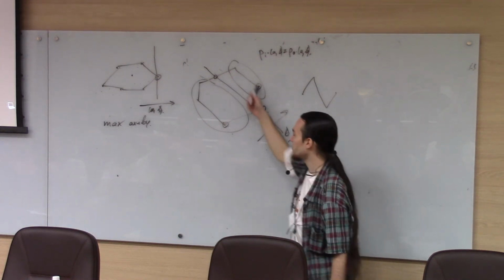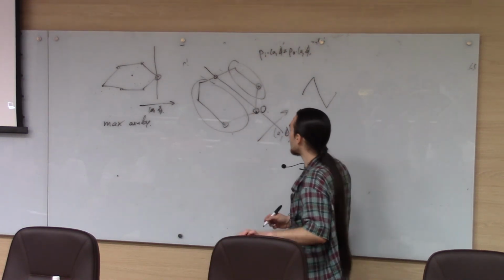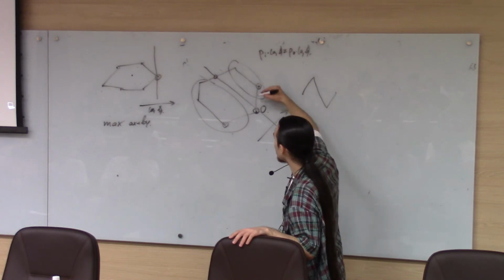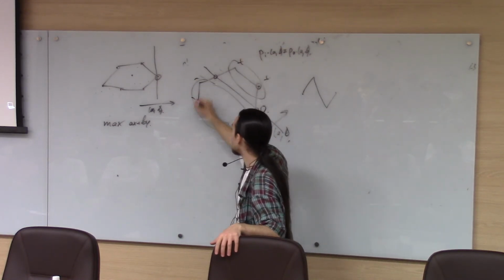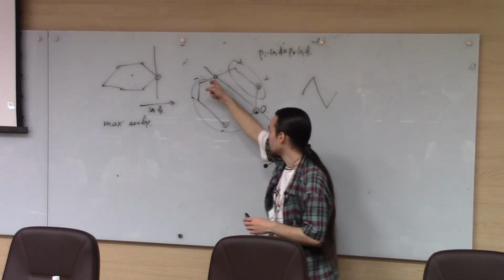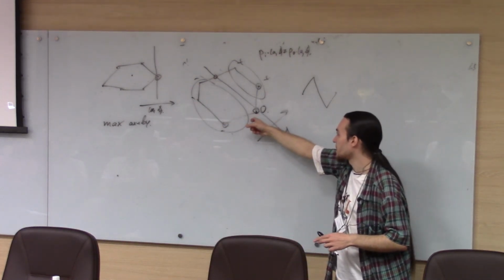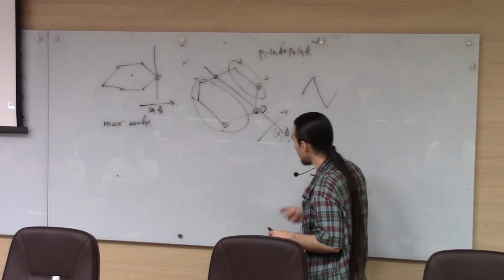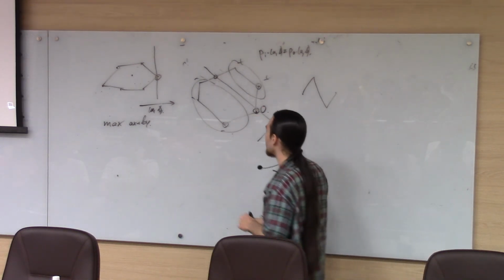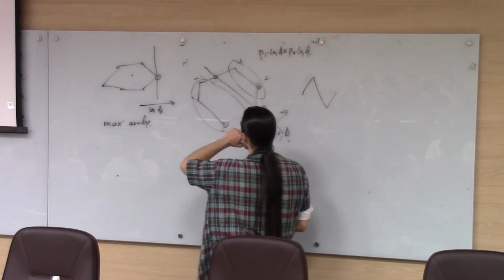So we start here and we travel counterclockwise. In this case, it holds, and then it doesn't hold. And if it doesn't hold, then it will be the same for the rest of it.